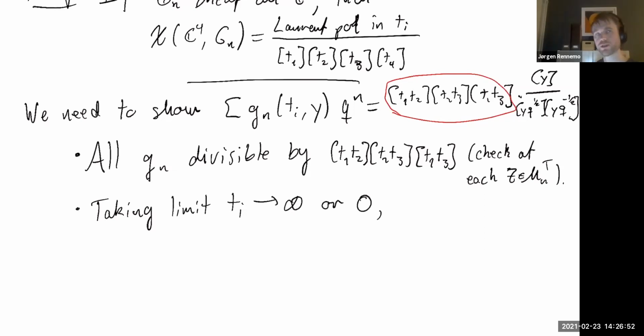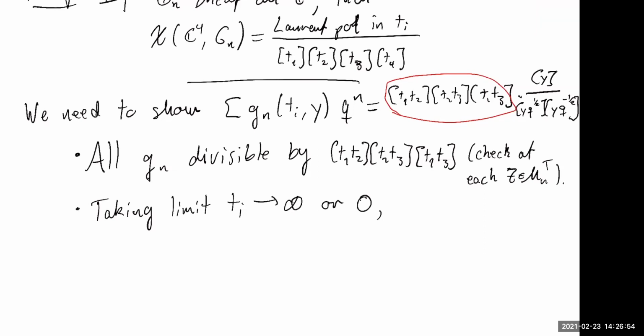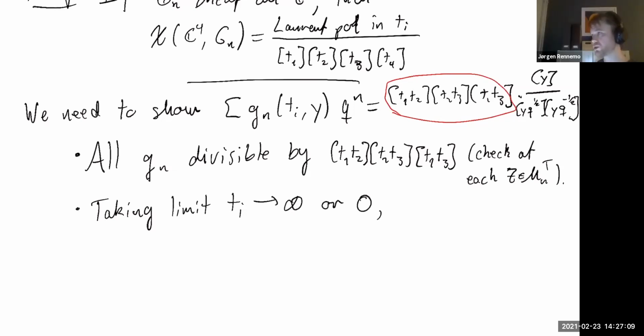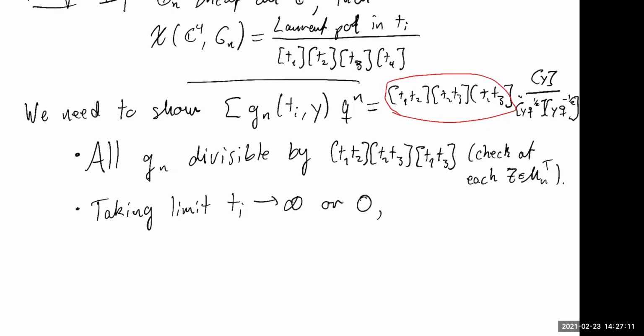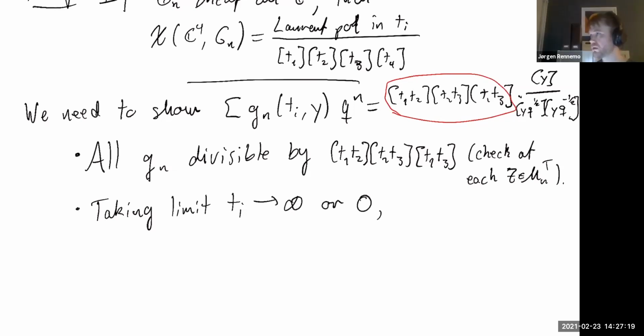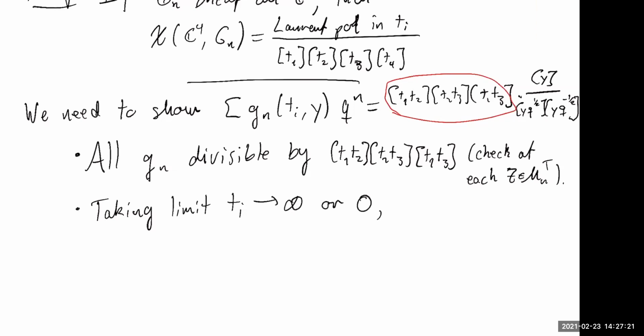From x1, I have a wedge product to x2. If I take the products of these elements, I should get some elements in x2 of weights precisely ti times tj.